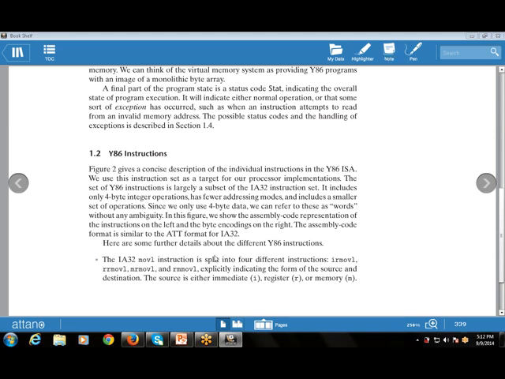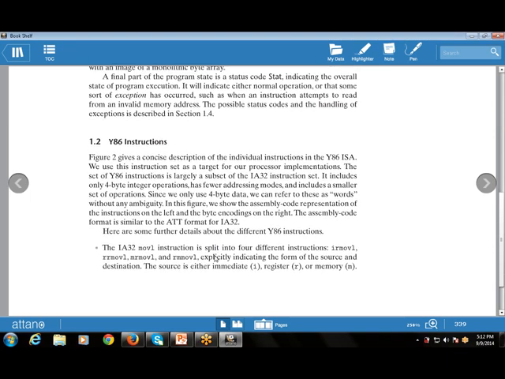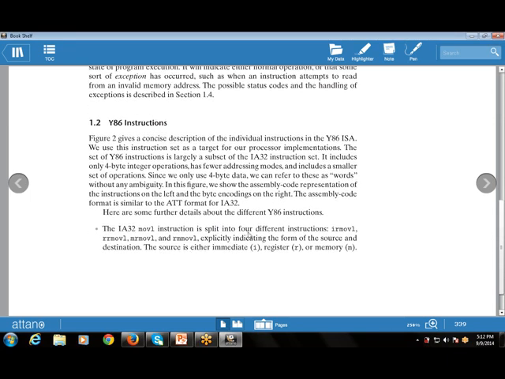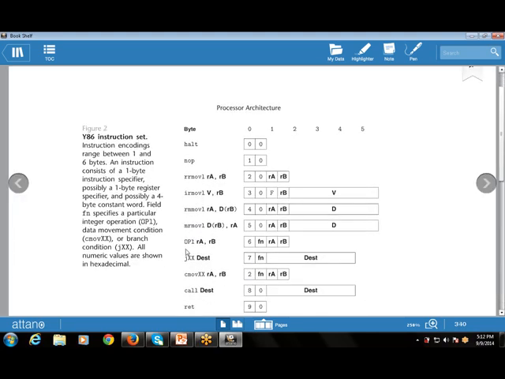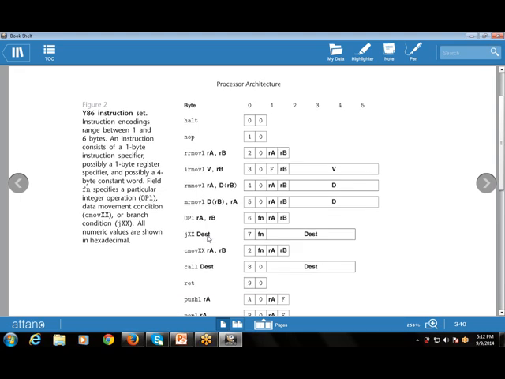This says multiple instruction sets are available. The IA32 move instruction is split into 4 instructions, that is IR move, RR move, MR move and RM move. These are the multiple instruction sets that I have discussed. The instruction coding is between 1 and 6, that is from 0 to 5.